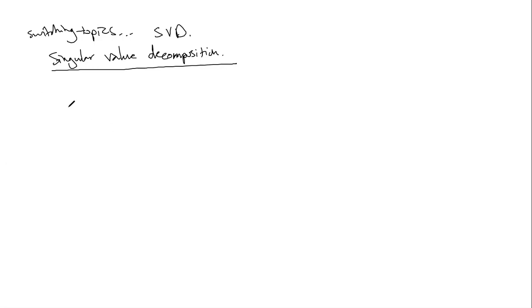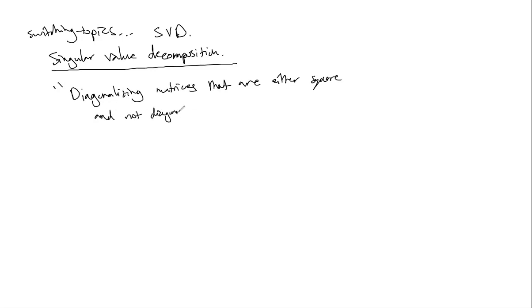In the theory of it, what it essentially is doing is diagonalizing matrices that are either square and not diagonalizable, or not square and hence not diagonalizable.